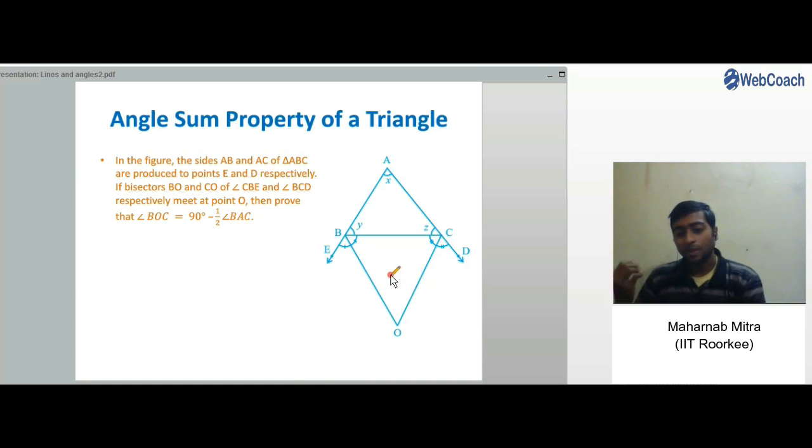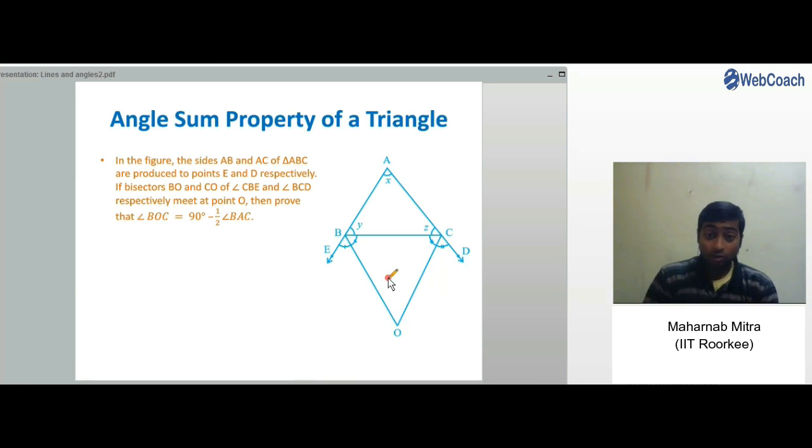Similarly, CO is a bisector of the angle BCD, and therefore you can see there are double lines here which indicates that angle BCO is equal to angle OCD, right? They two are equal.